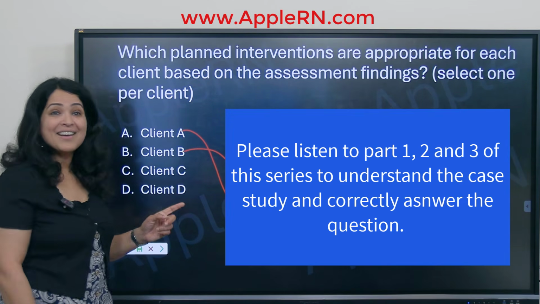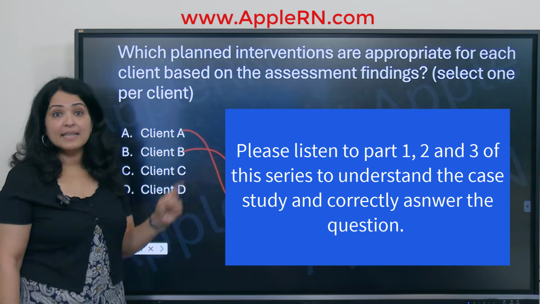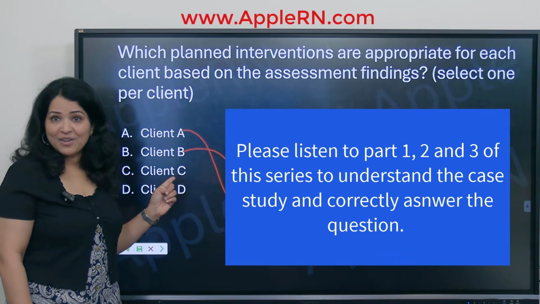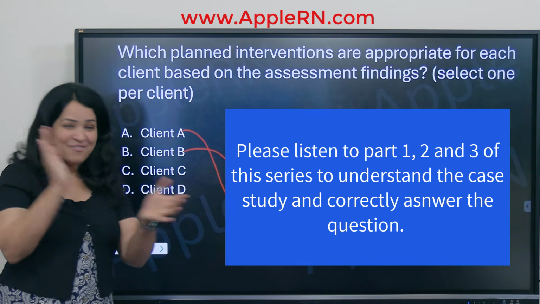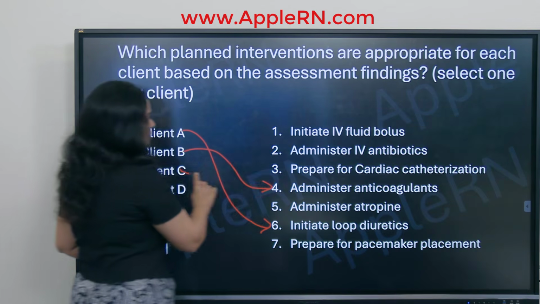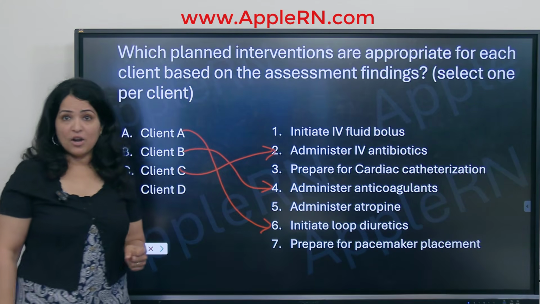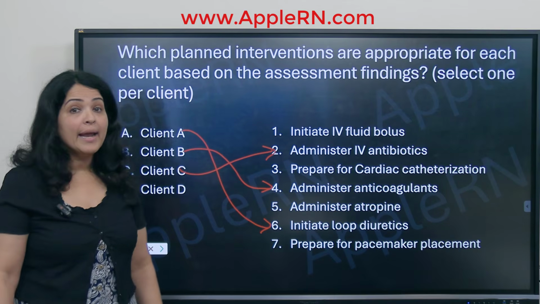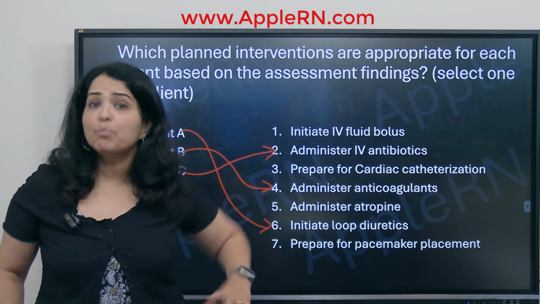Okay. So coming to client C, this is our endocarditis patient. What do we do with endocarditis? We give antibiotics. Very good. This patient is going to get IV antibiotics. Now, is that patient going to get an IV fluid bolus?